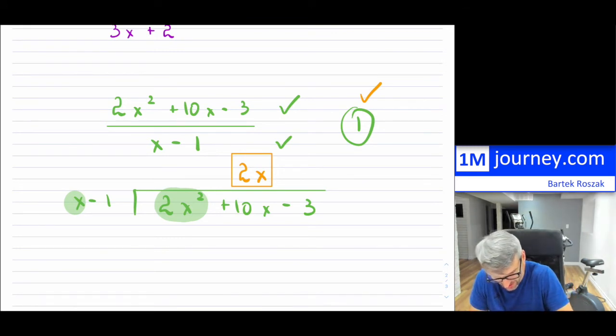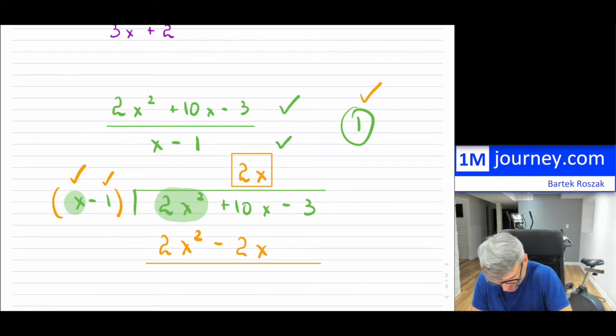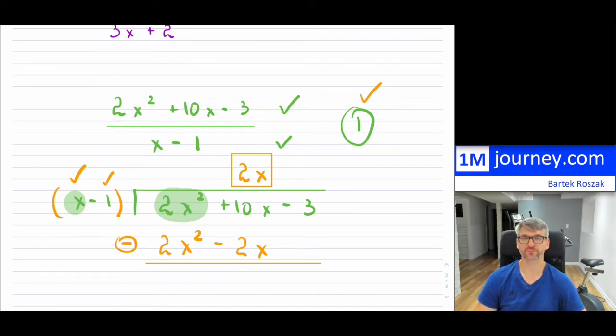So I'm taking this and now I'm multiplying it by that. So that's going to give me 2x squared, so that's this term, and then 2x multiplied by this 1, which is going to be given to me as minus 2x. So that's what I have right here, and now I subtract.